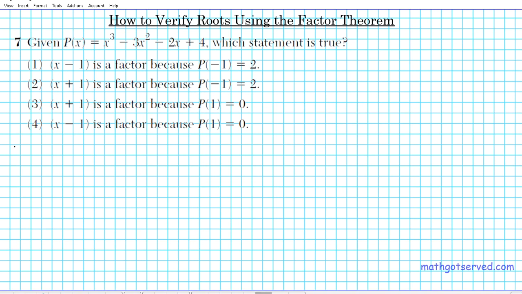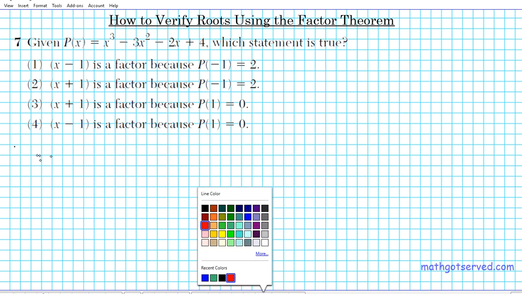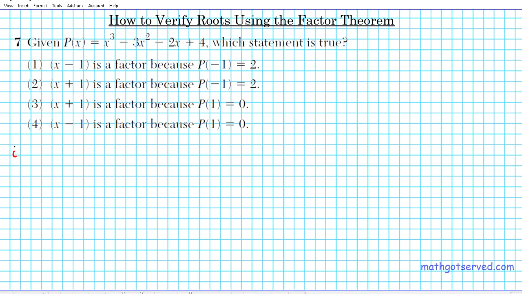Before we start solving the problem, let's note what the factor theorem is. If you know what the factor theorem is, then you are in a good position to solve the problem.